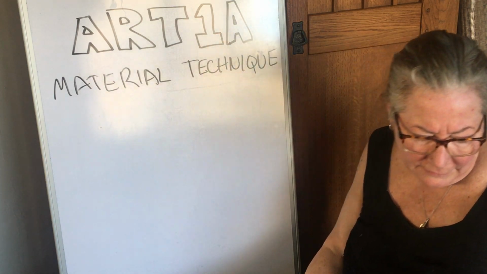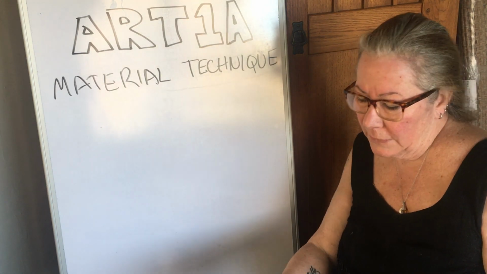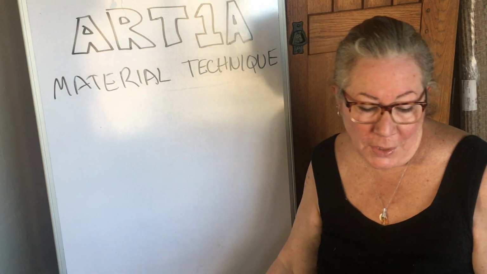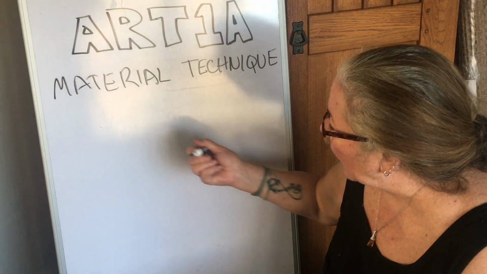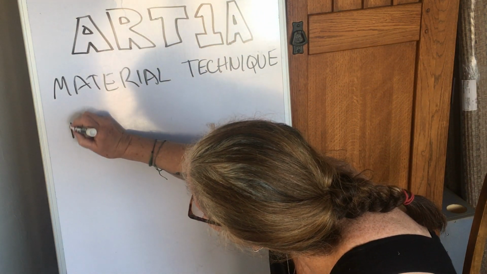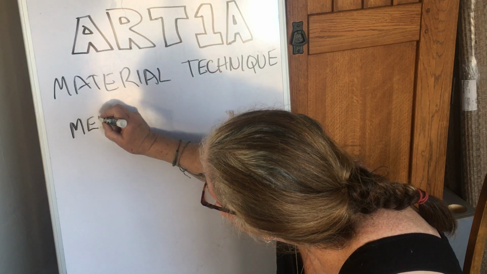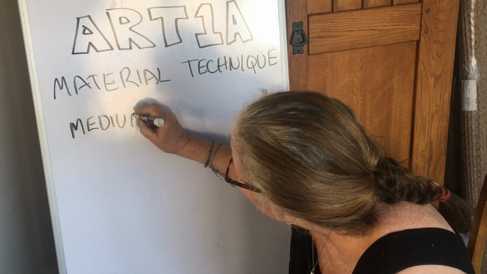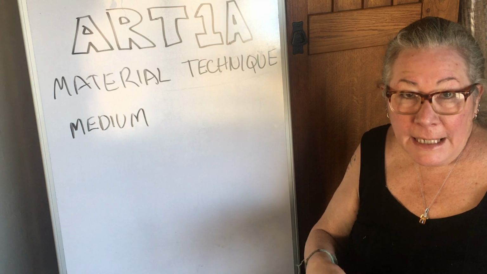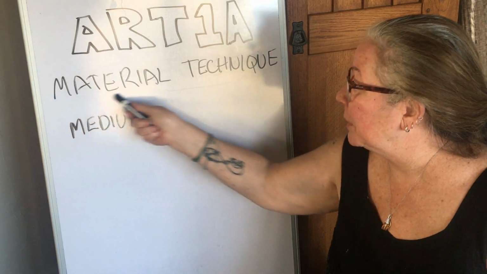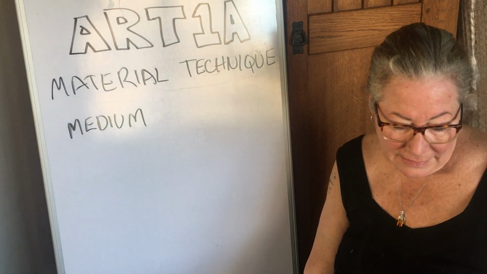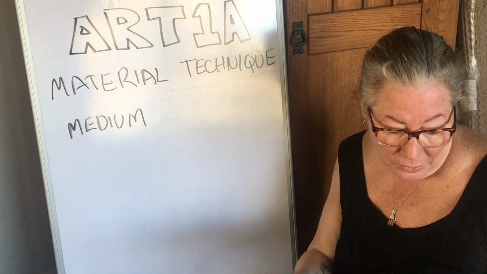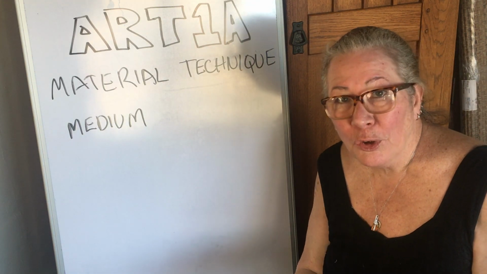So material and technique. The creation of artworks basically requires the use of a medium. We call that a medium, which is the material that you're using. That's all it means. In the art world, we call it a medium, and the plural is media.